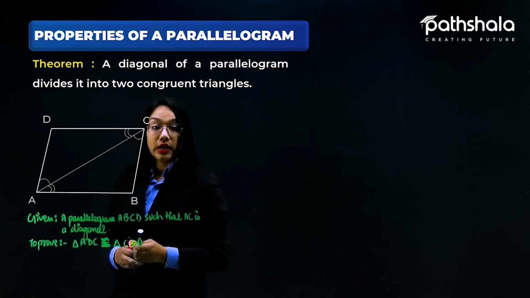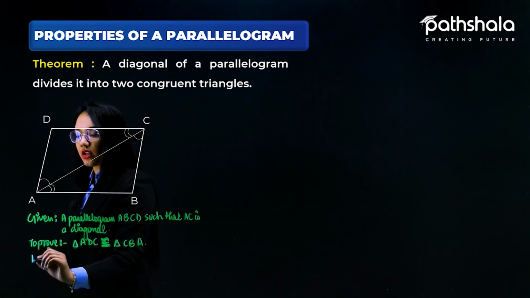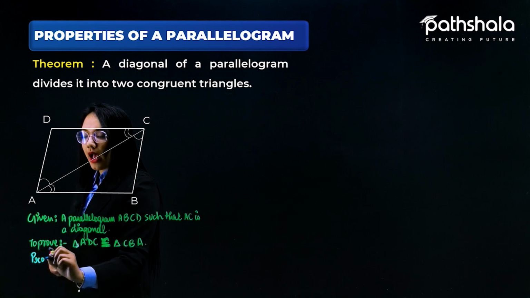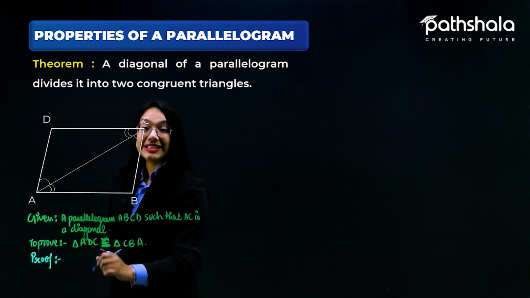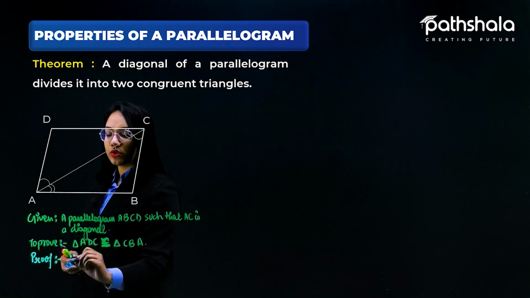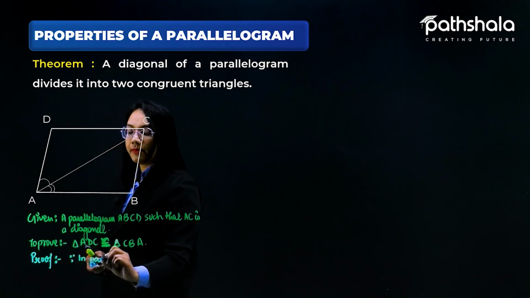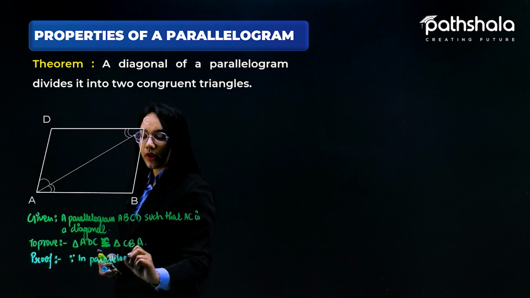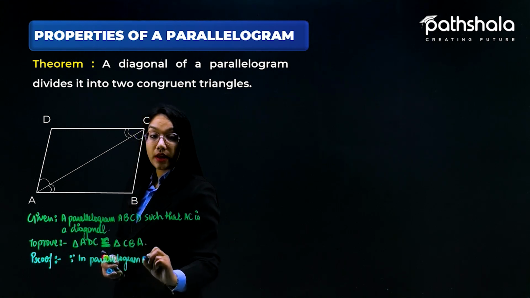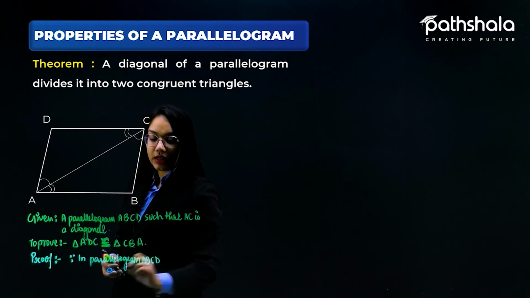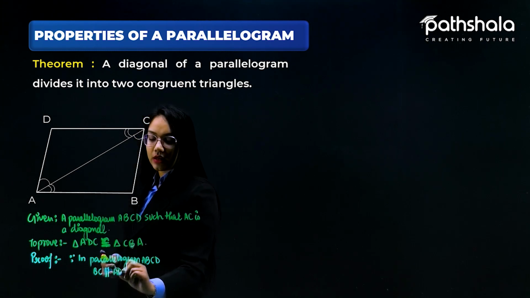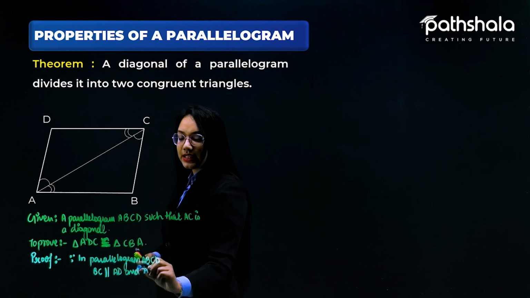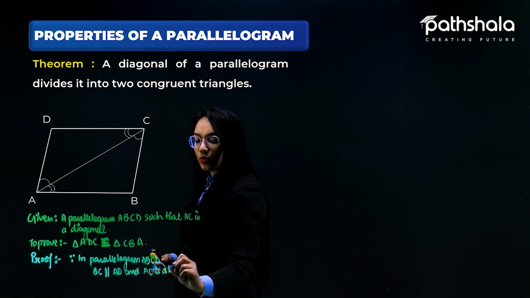Now let's start with the proof, talking about BC and AD. Since in parallelogram ABCD, BC is parallel to AD and AC is a transversal.